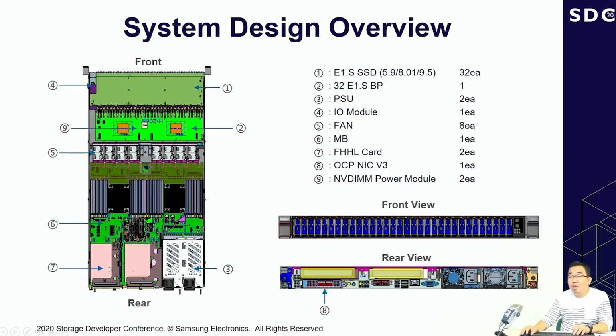You can install 2 network controllers in the PCIe slots. Also, the system supports one more network controller. You can install an OCP version 3 network card on the back. So technically, in total, the system can have 3 network controllers. Also, there is some space on the backplane to install an NVDIMM power module.